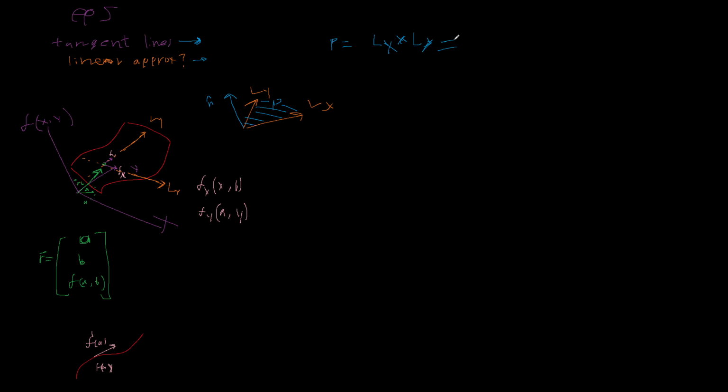Well, this is going to give us (1, minus f_x at (a, b), and minus f_y at (a, b)). That's going to be our thing. And actually, this might not make sense, because I forgot to parameterize, or say what Lx is.